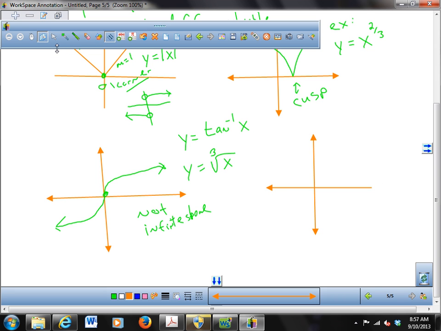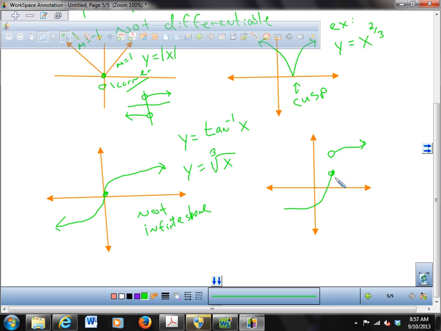So for instance, if you had a function that comes in here and has a jump like that, and this is point C, it might be differentiable everywhere else, but not at x equals C. You can't find the derivative there.